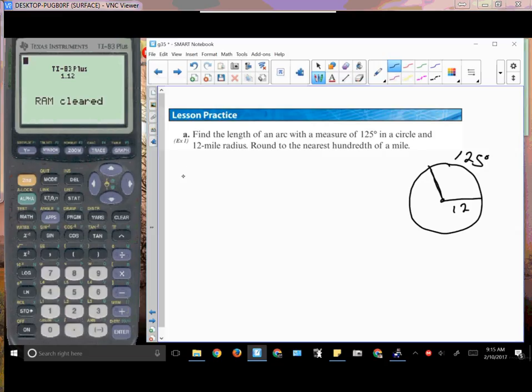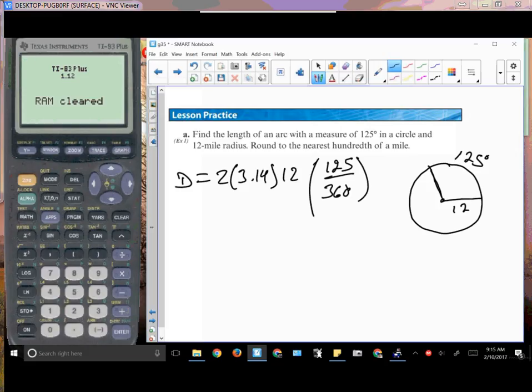Now, it wants us to find the length of an arc. So that is going to be, let's see, distance here is going to be equal to 2 pi, 3.14, radius 12, multiplied by 125 over 360. Again, don't try and slam it into the calculator without writing it down for the equation. I mean, if you've got this down here, then you've got to work out the equation. Great.